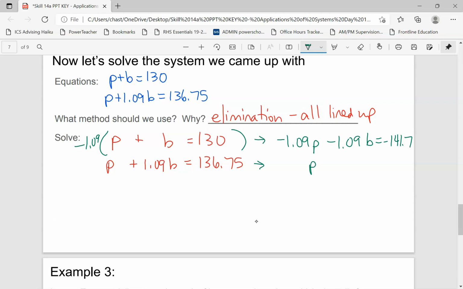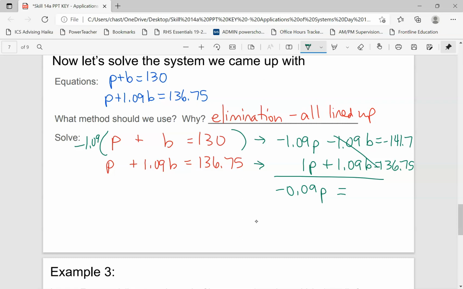Bottom equation, leave it alone. And the B's cancel. And remember, that's a 1B. So if I add 1 to negative 1.09, it gives me negative 0.09P.